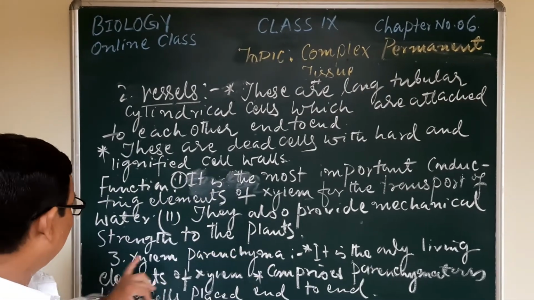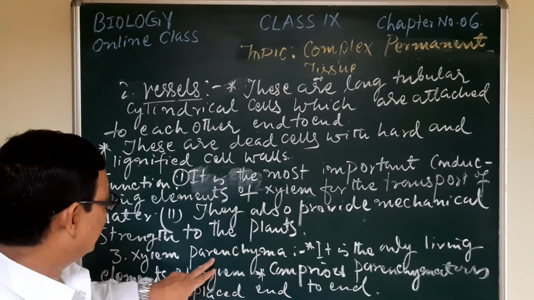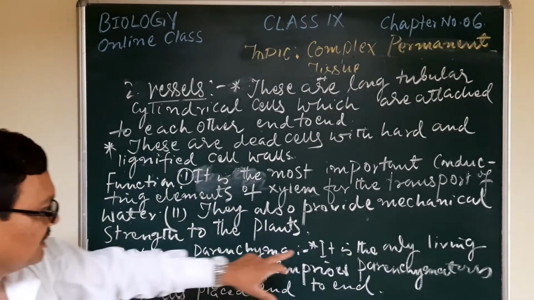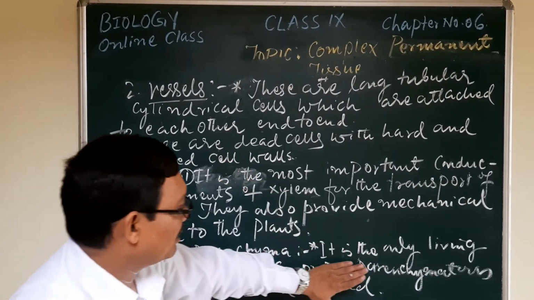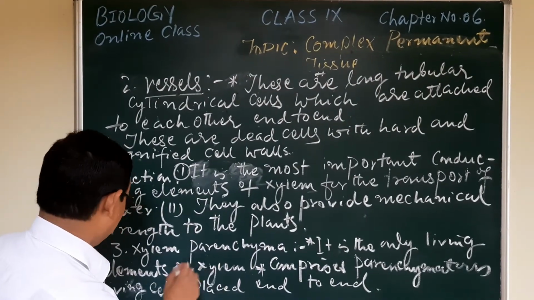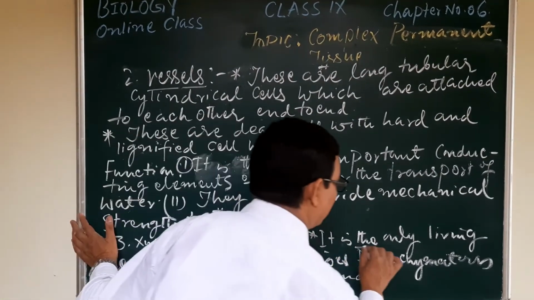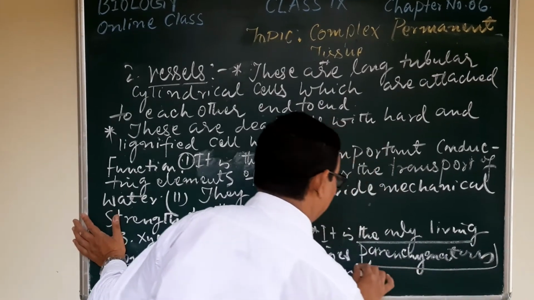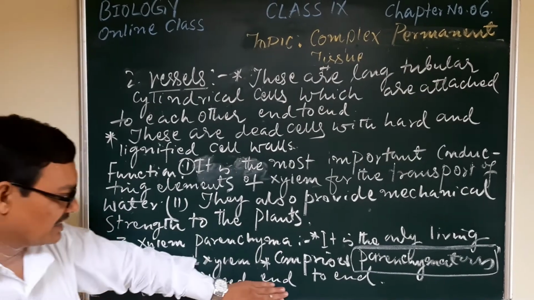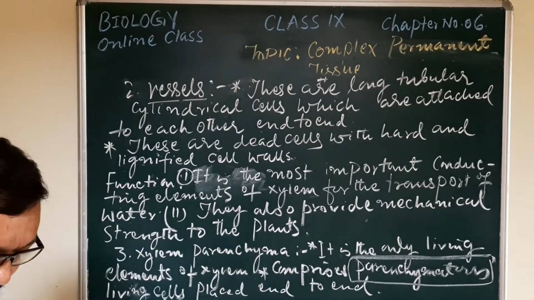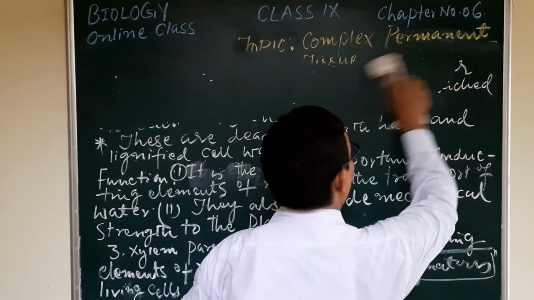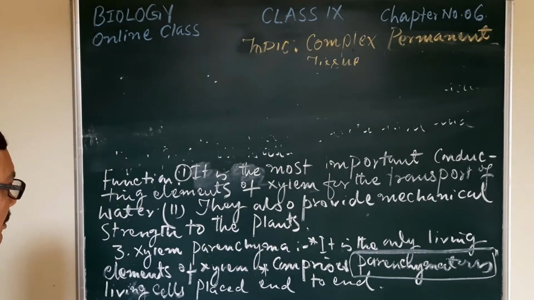The third element is the xylem parenchyma, the only living element of xylem, comprising parenchymatous cells. As you well know, parenchyma is made up of a single type of cell, the parenchymatous living cells placed end to end. Now its function. You may write the two important functions.